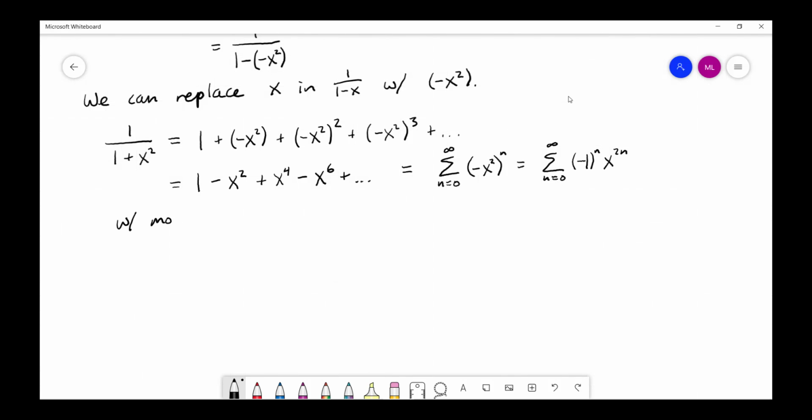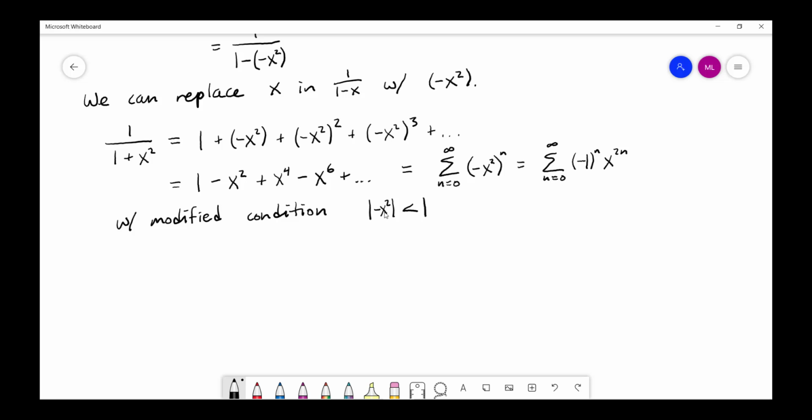With the modified condition, it used to be the absolute value of x was less than 1. Well, now I need to come back and erase that x and put in negative x squared. Replace everywhere that x shows up, including in there, replace that with what we're looking for here.